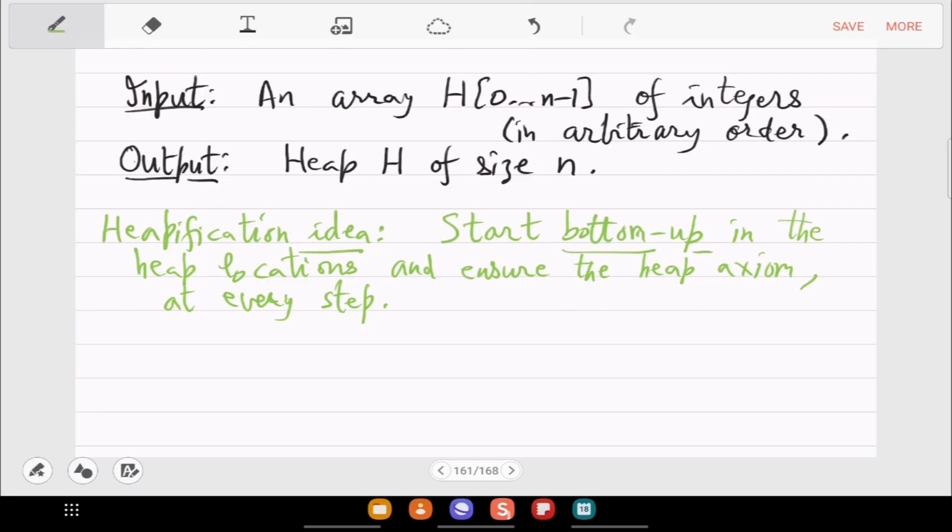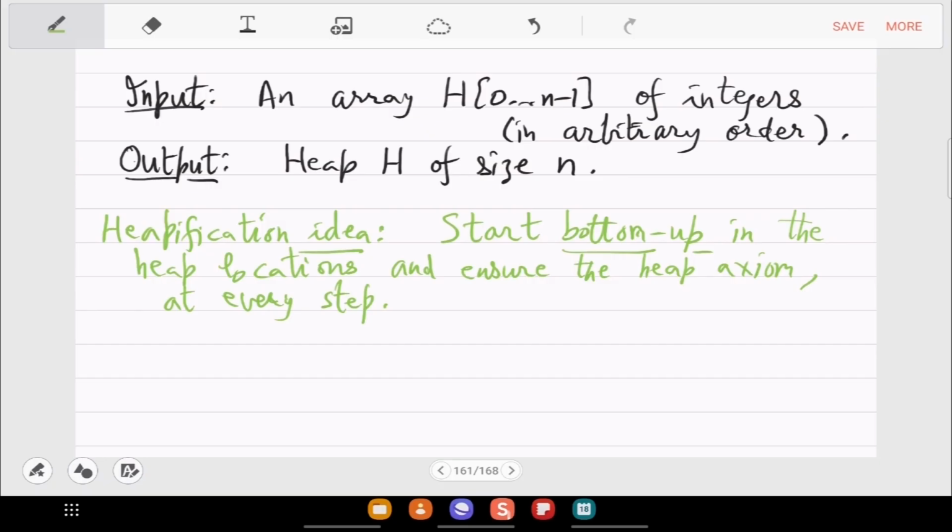So you are currently at some location j of the array, which maps to some location in the heap as a tree, and you have to check basically the children of j and the parent of j and ensure that the heap property, or the heap axiom, is being satisfied.